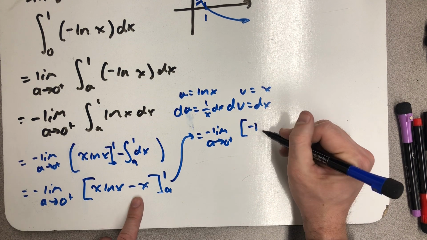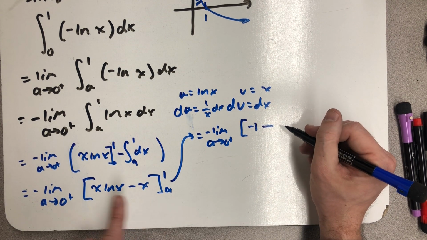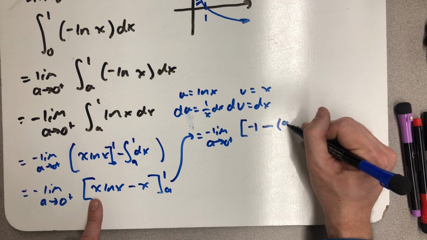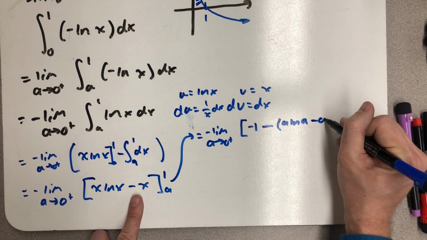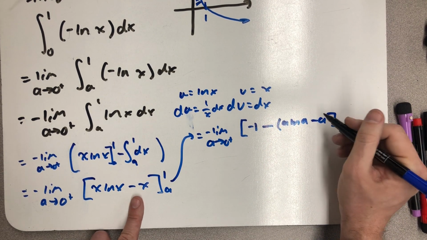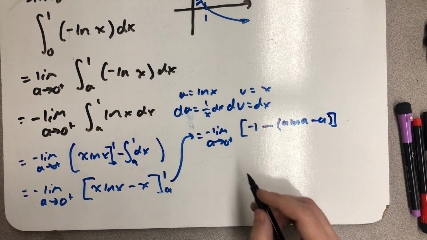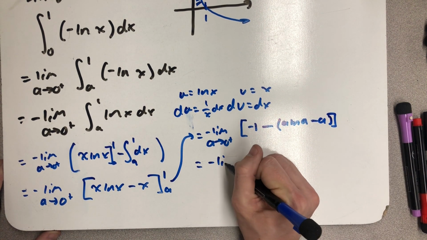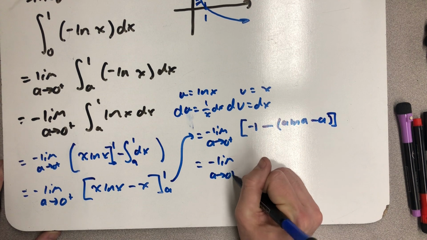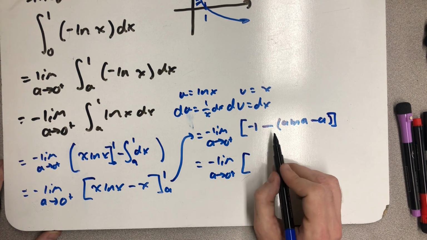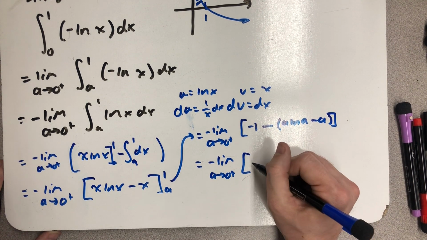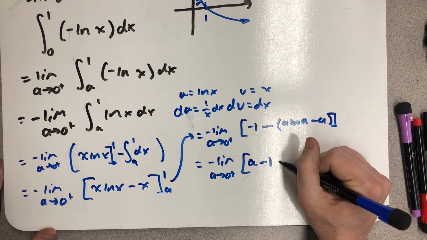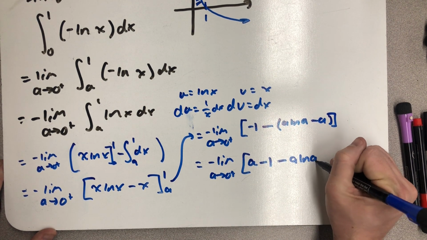And I have a minus 1, minus, and now I have to plug in a into everything, so I get a times the natural log of a minus a. All right, let's leave that minus out front. A approaches 0 from the right. And let's just see, that would be a minus 1 minus a times the natural log of a.